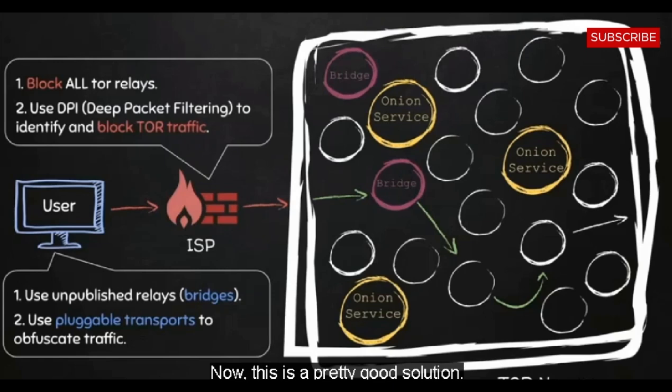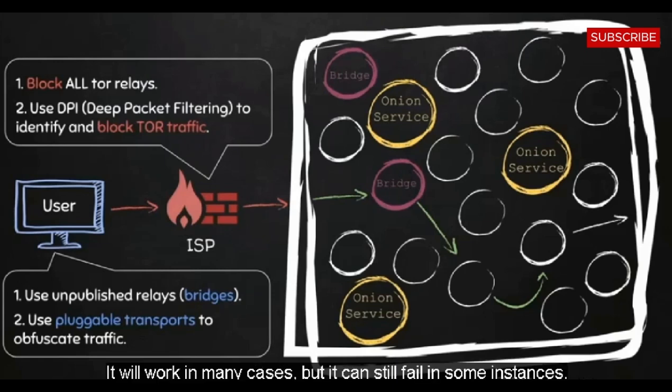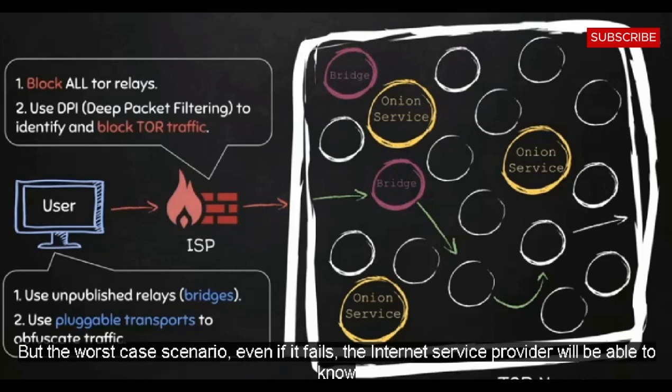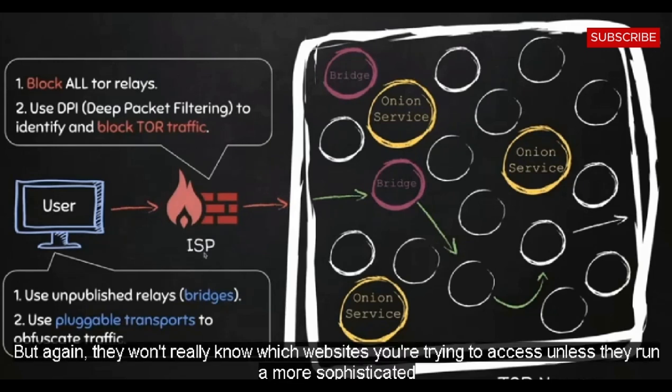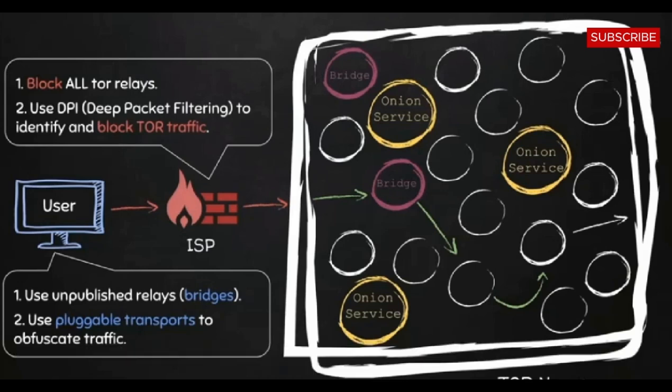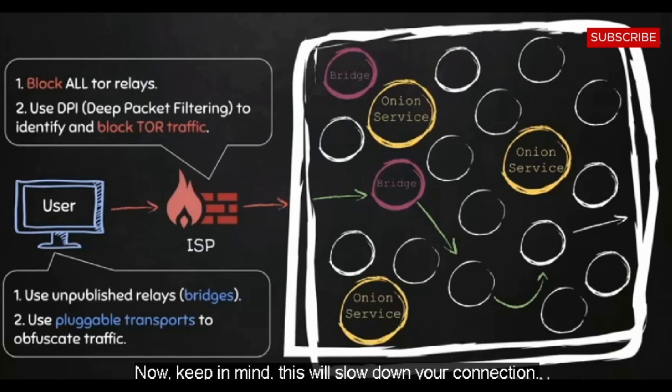Now, this is a pretty good solution. It'll work in many cases, but it can still fail in some instances. But the worst case scenario, even if it fails, the internet service provider will be able to know that you're using Tor, but again, they won't really know which websites you're trying to access, unless they run a more sophisticated attack. Now keep in mind, this will slow down your connection.